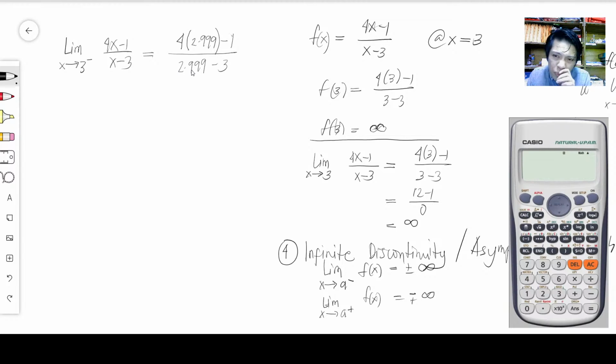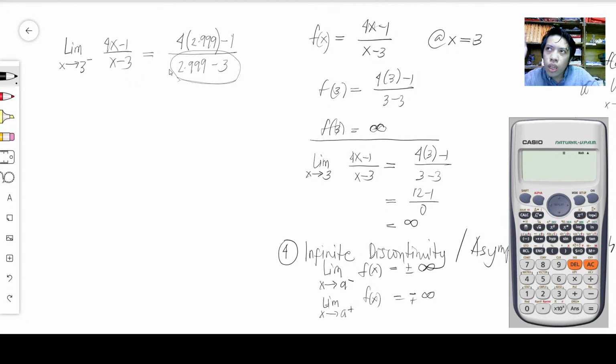Let us emphasize the denominator, since we are focusing on the denominator, approaching 3. So this 2.999 could be 2.9999999, a number very close to 3 but just to the left of 3.